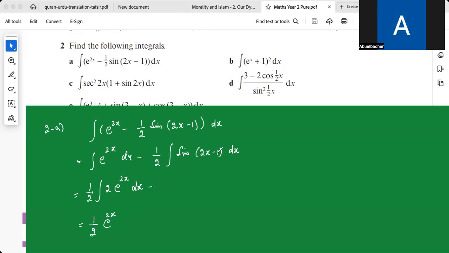So 2x minus 1, its derivative is 2. So now we are dividing by 2 and also multiplying by 2. And then we actually get this 1 into dx. Now here you can see that the derivative of cos 2x minus 1 is equal to negative 2 times sin 2x minus 1.